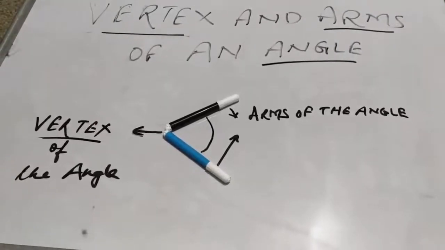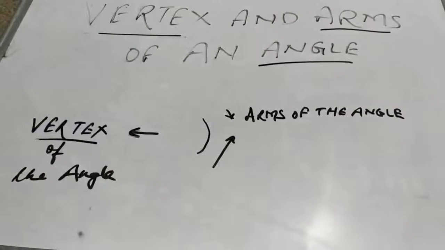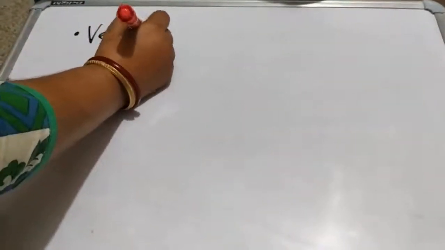The next topic is how will you name an angle. But firstly, before going to the topic, we have discussed vertex. What is the vertex?